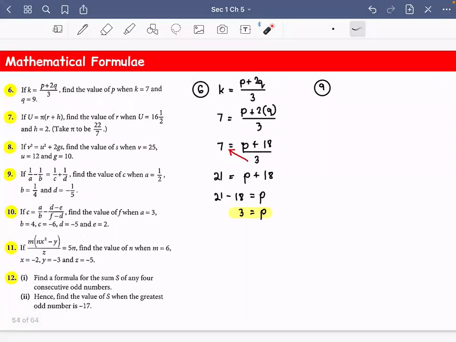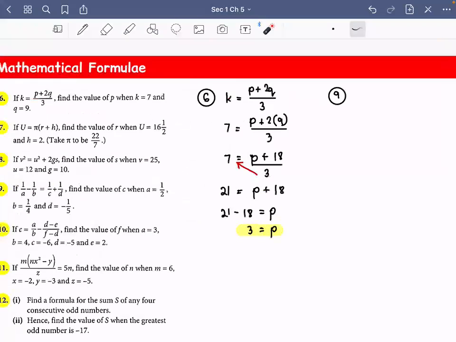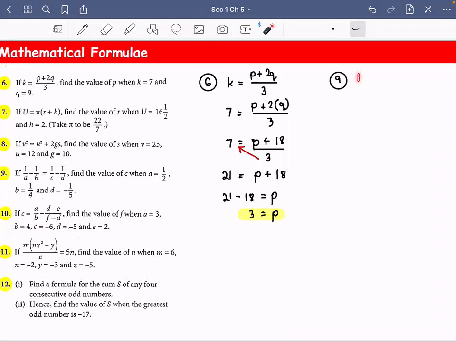So number 9, let me write the question again. So it's 1 over A minus 1 over B equals 1 over C plus 1 over D. Okay, so let's find the value of C. So what is A?